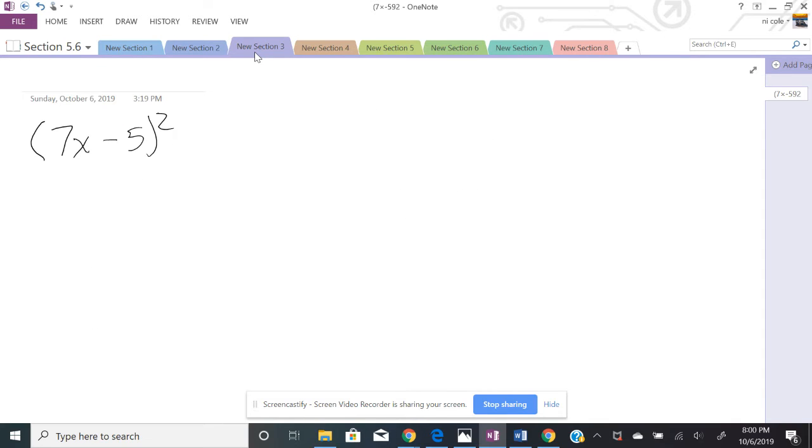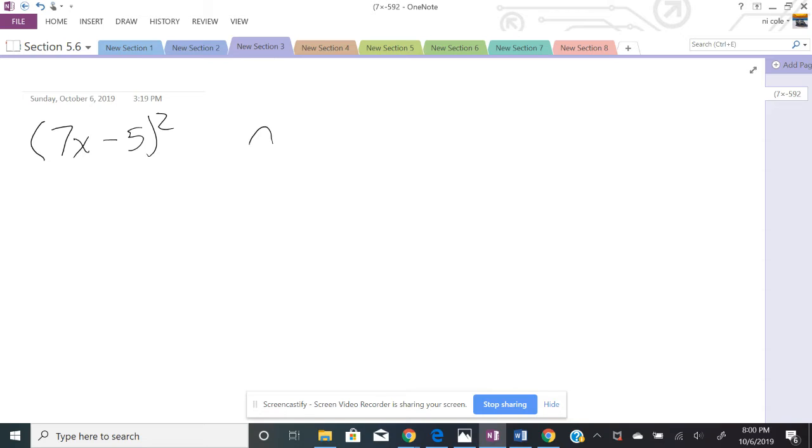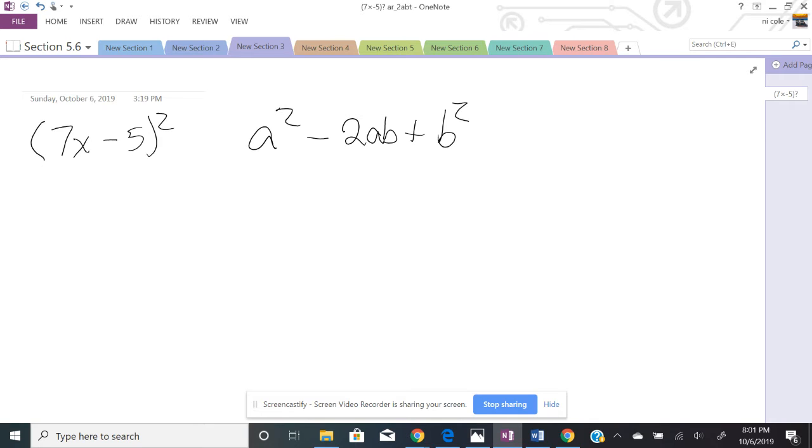Here's another example. I'm going to come over here and I'm going to use my a minus b squared. So that tells me my solution set should be a squared minus 2ab plus b squared.